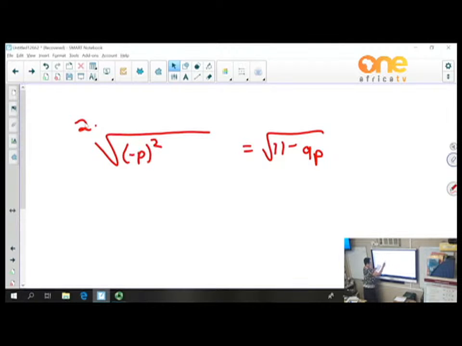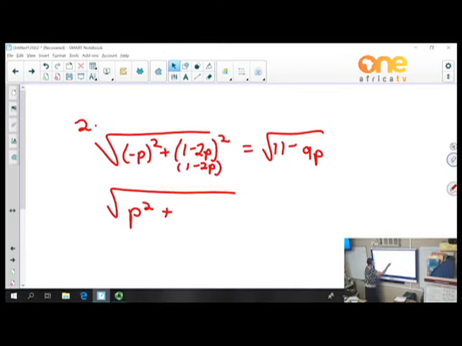And then the second one is then plus (1 minus 2p) squared. So I simplified that first one. 1 minus 1 is 0, so it falls away. So then you have in the root p squared. Now remember, this is (1 minus 2p) times (1 minus 2p). Don't be lazy here because you're going to miss the middle term.